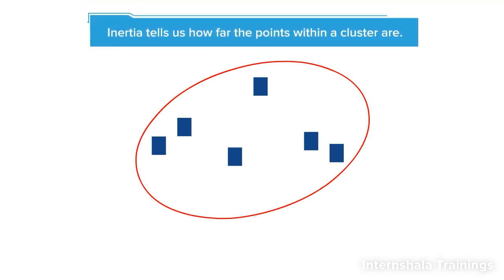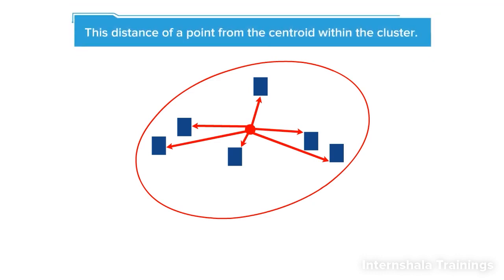It tells us how far the points within a cluster are. It calculates the sum of distance of all the points within a cluster from the centroid of that cluster. The distance of a point from the centroid within the cluster is known as intra-cluster distance. So, inertia gives us the sum of intra-cluster distances.